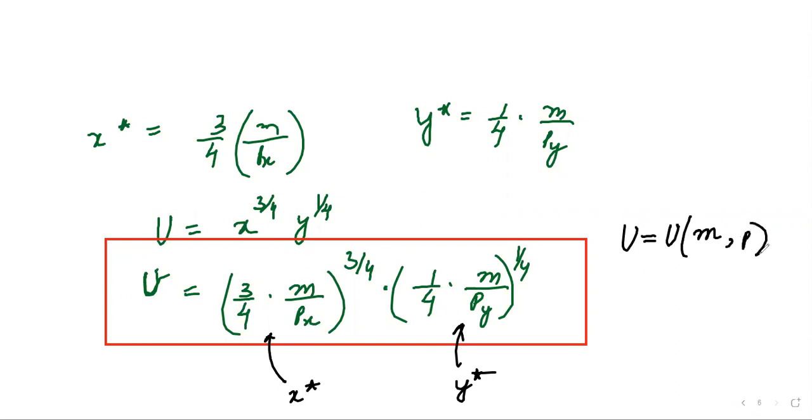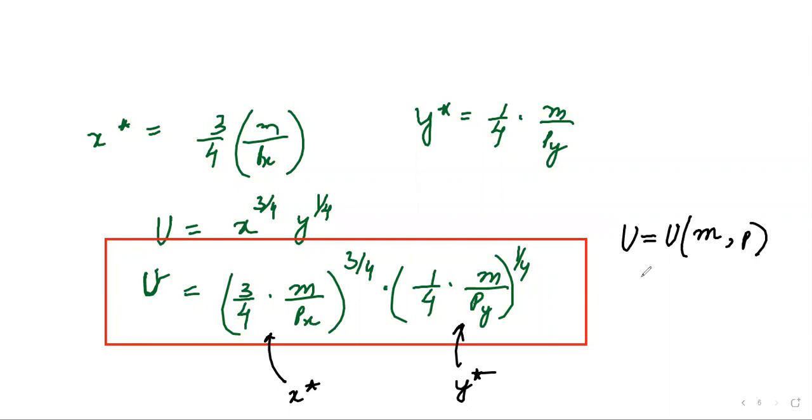It's no more a function of my consumption of good x and y. It is a function of my income and prices. This is the maximum utility that I derive given my income and the market prices. This is the maximum utility I can actually attain.